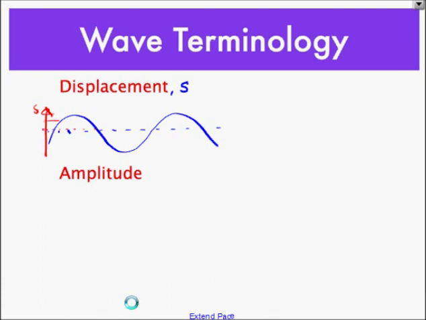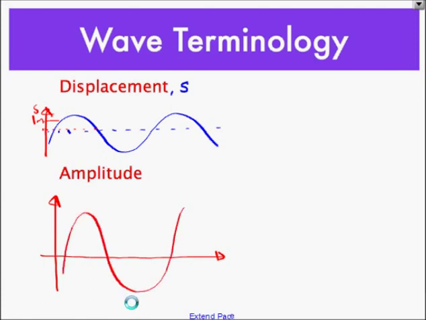So if we're looking at that point there, it might be 1 meter. That is your displacement. Amplitude, on the other hand, if we look at a transverse wave, is from the mean position, or rest position, to the maximum displacement.